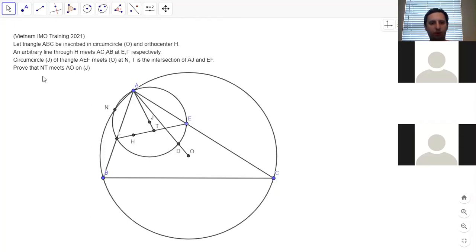So what's a good way? Can we show angle NDA is angle TDA? Or, yeah, what do we know about point T? So I wonder if, because we know NFE is similar to NBC. So what does H correspond to here? And what does T correspond to?